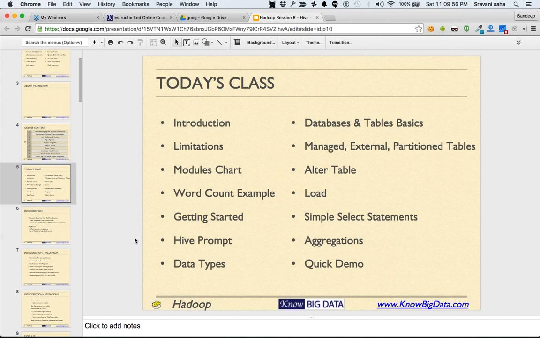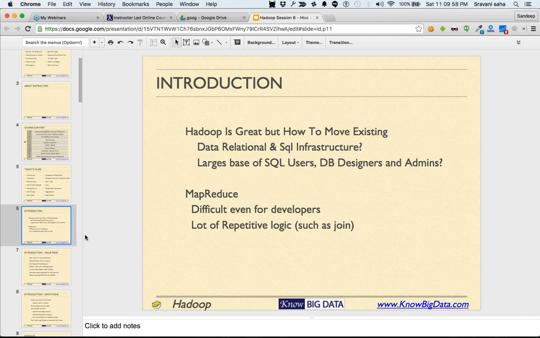Let's start with our discussion on Hive. We studied Pig Latin. We studied MapReduce, and we found that MapReduce was even difficult for developers, and there is a lot of repetitive logic such as joins.